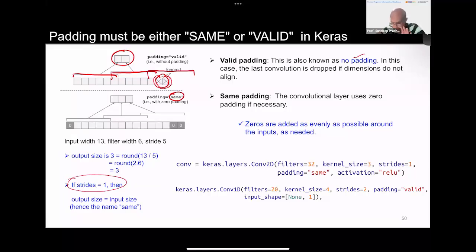But for all intents and purposes, what you need to keep in mind is that if I use same, then there is some zero padding going on, and it is going to pad zeros as evenly as possible, might be uneven, putting some zeros on the left and right, top and bottom, such that whenever I use a stride of 1, if the input is size 13, the output should be size 13. Now, with a different stride, the size of the output obviously changes.